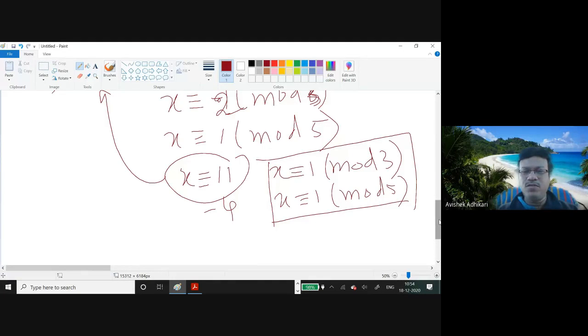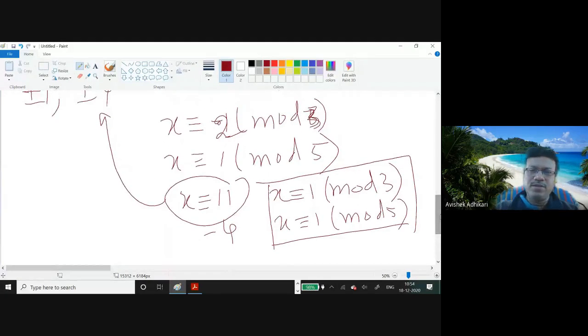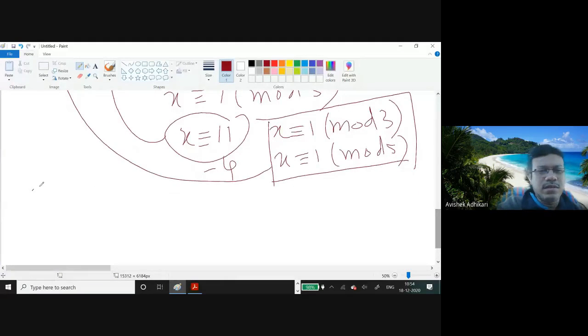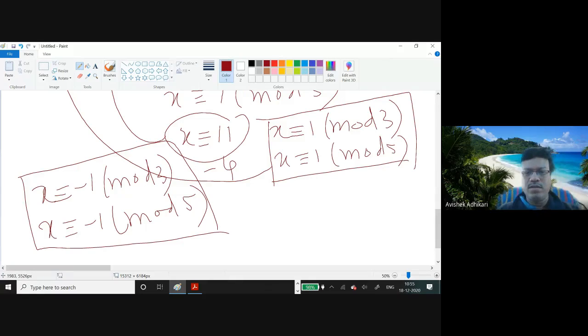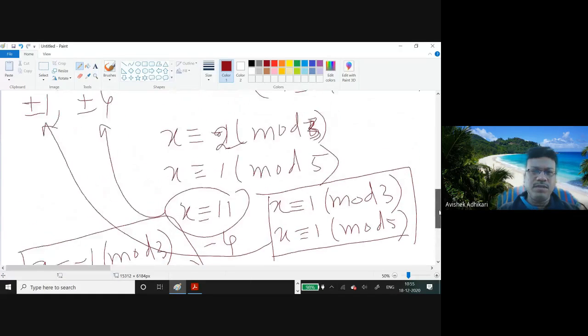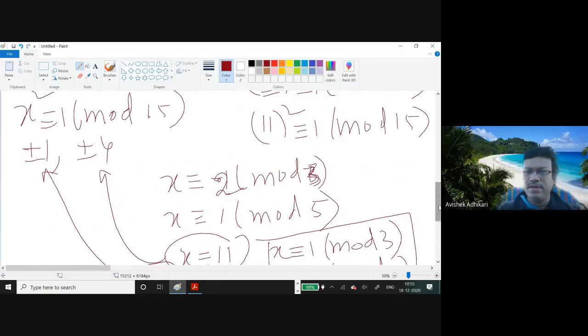Modulo 15 means 1, right? So that is also a solution. And one more set I left out: x congruent to -1 modulo 3 and x congruent to -1 modulo 5. Now tell me quickly what will be the solution for this. So -1, that means it is already there.